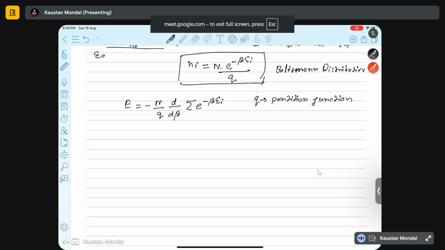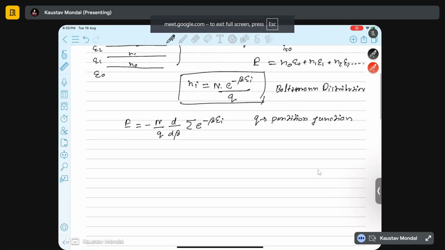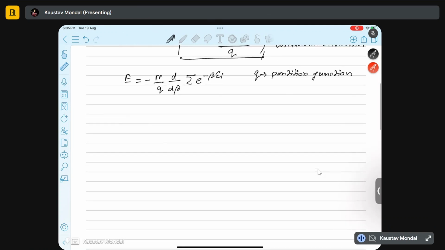This is how we derived the expression of the total energy. We can also write this in a more compact way, like this: minus N by Q dQ by dbeta. This is a way of writing the total energy of a system.